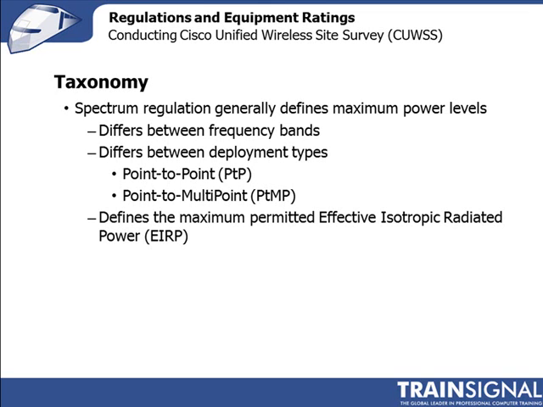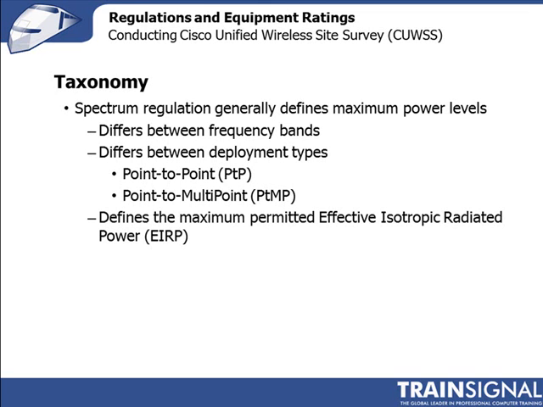Now, one thing that's very important to understand is that if you are going between two buildings and you are using an omni antenna, and we're going to talk about antennas in a moment, but antennas that radiate equally all around in equal directions, that is considered a point-to-multipoint.